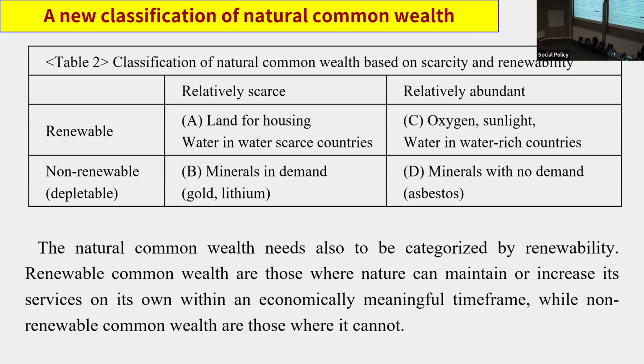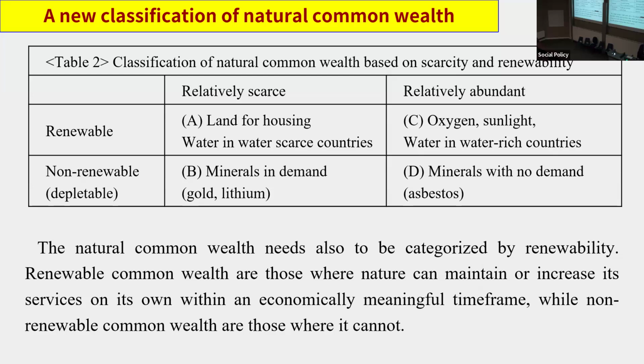Natural Commonwealths also need to be categorized by renewability. Renewable Commonwealths are those where nature can maintain or increase its service on its own within an economically meaningful time frame, while non-renewable Commonwealths are those where it cannot. So if we adopt renewable and non-renewable, and relatively scarce and relatively abundant, we can categorize natural Commonwealth into four categories like this.